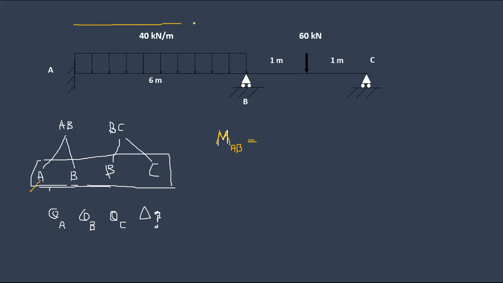For this one, the fixed end moment is WL squared over 12, right? W is 40. L squared over 12 means that's going to be 120.